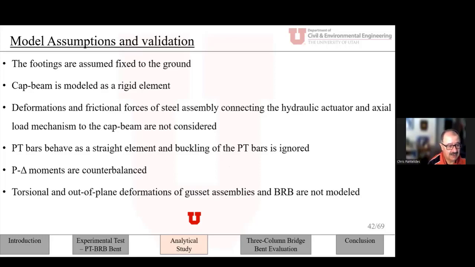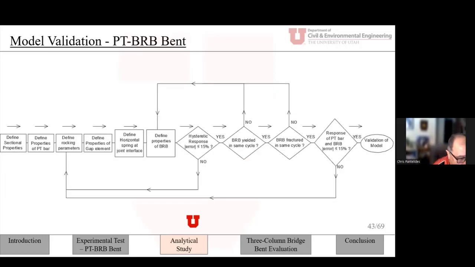And for the response of the post-tensioning bars, the force in the post-tensioning, which we measured with load cells, again to stay within 15%. One that was a little bit extra difficult: since we used polyurethane, we had to do some testing of the polyurethane material for the rocking and the gap element that was created. We tried to model that with another student, Duc Tran. To some extent, it was successful.